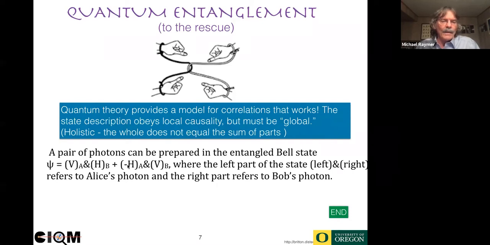This is another state of Alice and Bob, minus H and V. The ampersand means and, it means we're combining two separate objects into a single object. And then we have a superposition symbol that combines this state for the composite object with this state for the composite object. Now we're going to unpack this expression in great detail over the next 10 minutes.